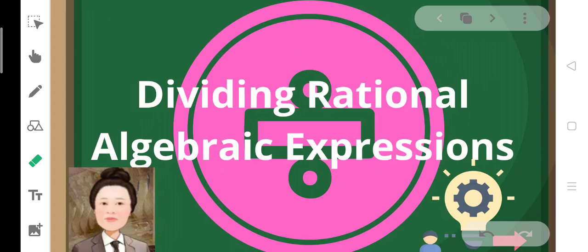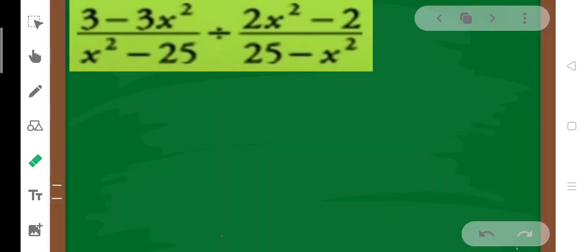Okay, so let us divide rational algebraic expressions applying the concept in dividing fractions, wherein we are going to get the reciprocal of the divisor and then proceed to multiplication. For example, we have (3 minus 3x squared) all over (x squared minus 25) divided by (2x squared minus 2) all over (25 minus x squared).